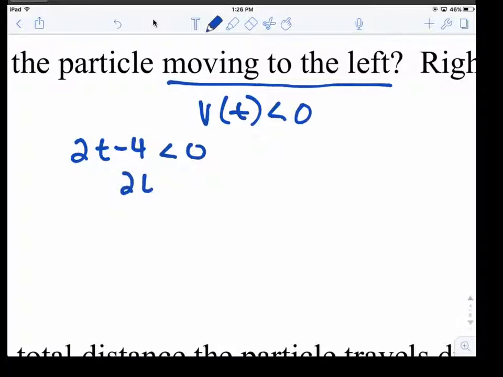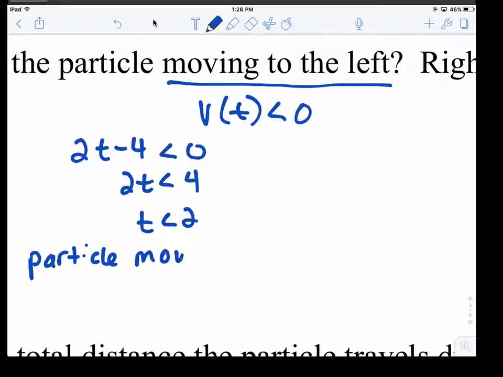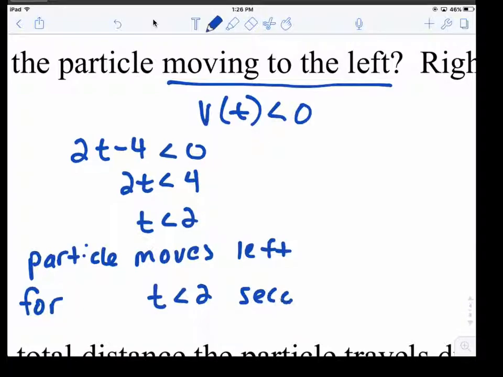So 2t less than 4, so t is less than 2, right? So the particle moves left for t less than 2 seconds.